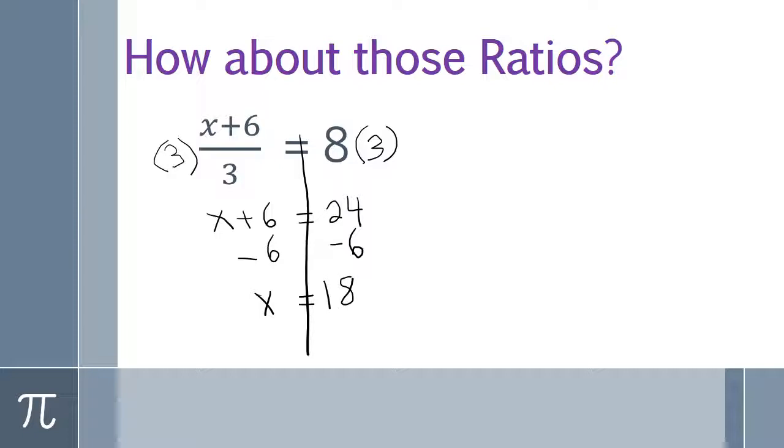Let's take a look at another example with a ratio. We have 3 equals 2 over 5 times y plus 1. So in this example, the problem will be much easier if I get rid of the 1, because I'm not going to be able to deal with the fraction unless I do something with the 1.